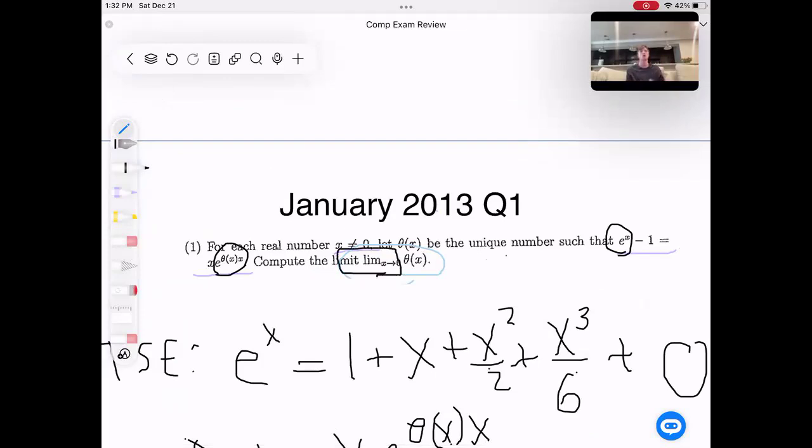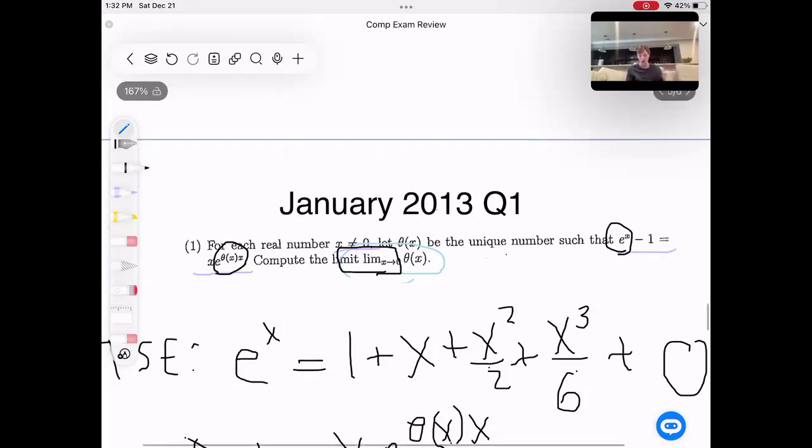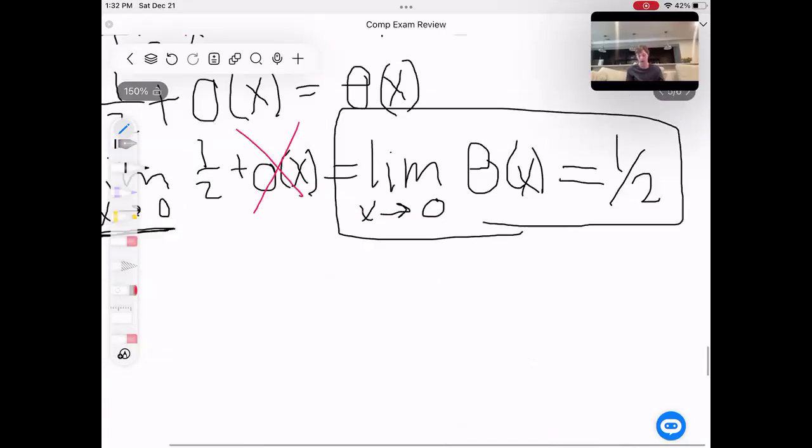These are two very big hints that we're going to use the Taylor series expansion and try to do some type of analysis with the terms of the Taylor series expansion. Because as x goes to 0, all of those higher order terms, other than that first initial one, are going to essentially become negligible. And that's why we can do that to look at the limit as x approaches 0.